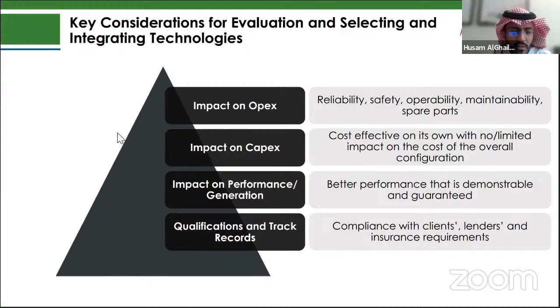What would happen to the spare parts? What would happen to the operability, to the in-service support for those plants? So these are the considerations, or the levels, that we go through to decide on new technologies and integrate them into the plants.